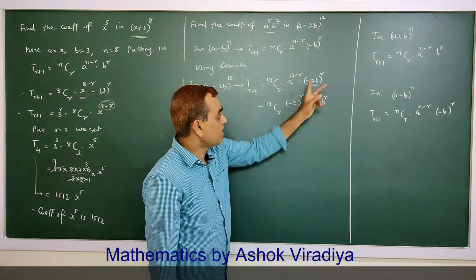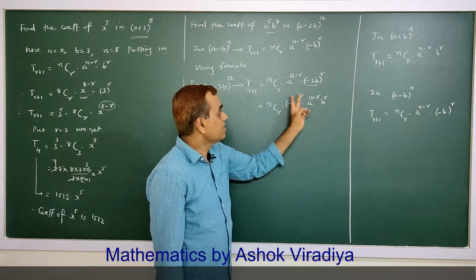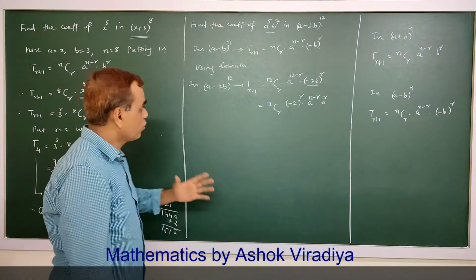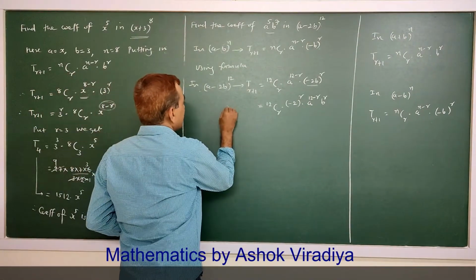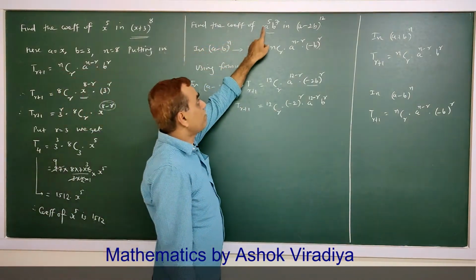Minus 2b raised to r is minus 2 raised to r into b raised to r. Then a raised to 12 minus r. Now look, here according to the question, we want the coefficient of a raised to 5, b raised to 7.